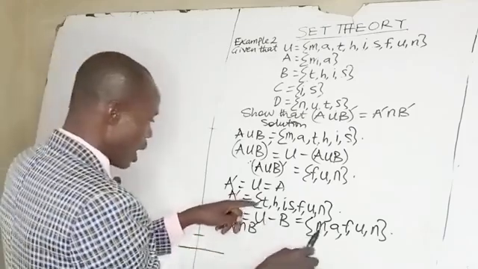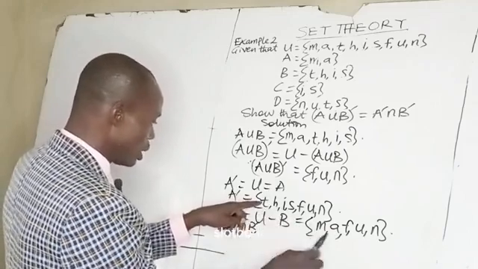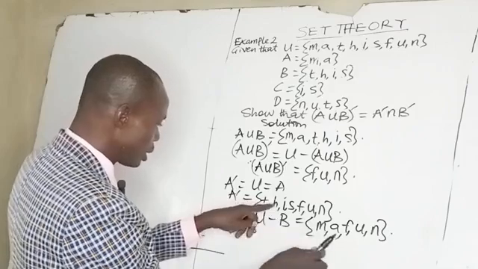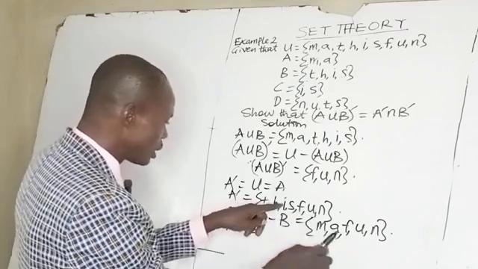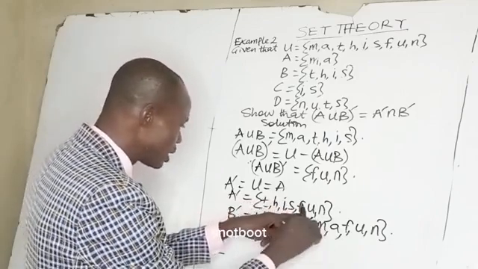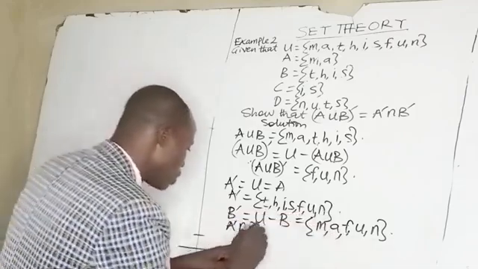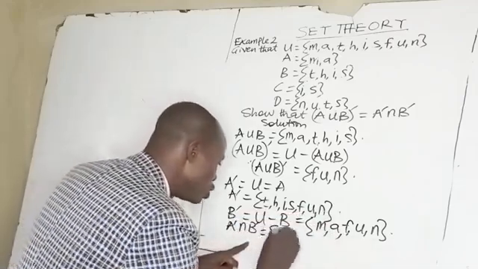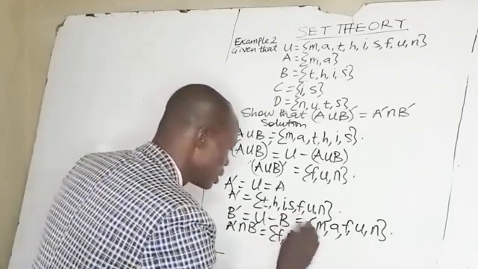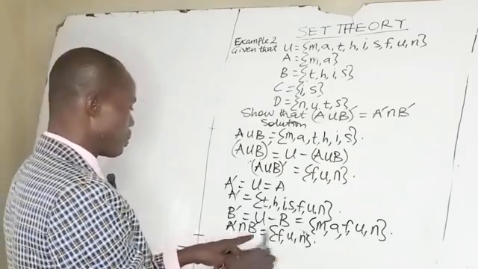So M is not in both, A is not in both, T is not in both, H is not in both, I is not in both, S is not in both, we have F in both, we have U in both, we have N in both. So we have F, U, and N. So that is the A prime intersection B prime.